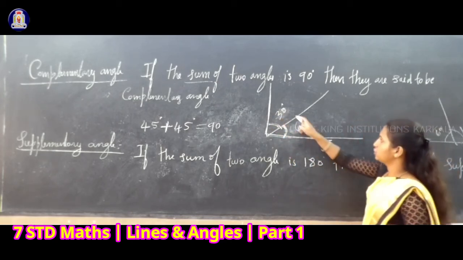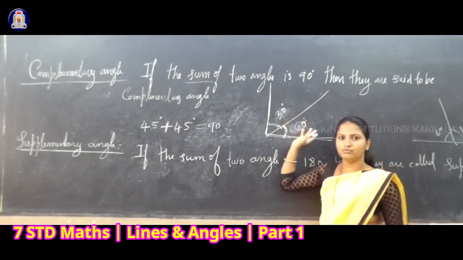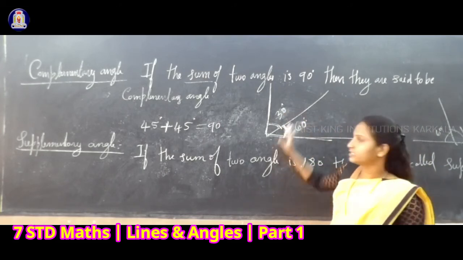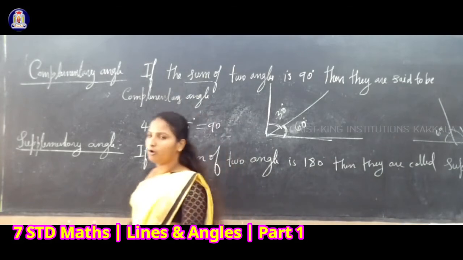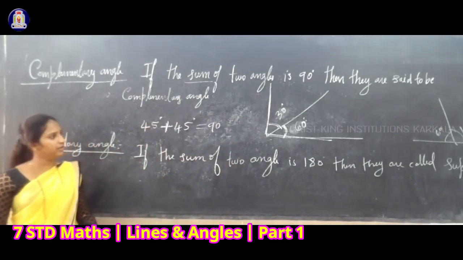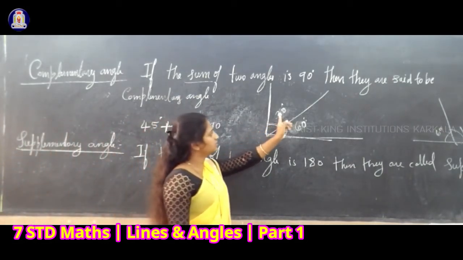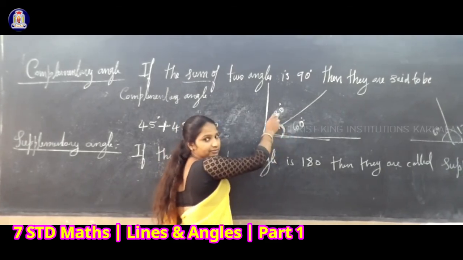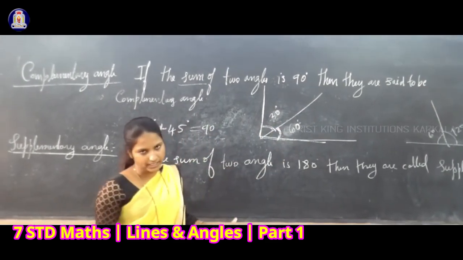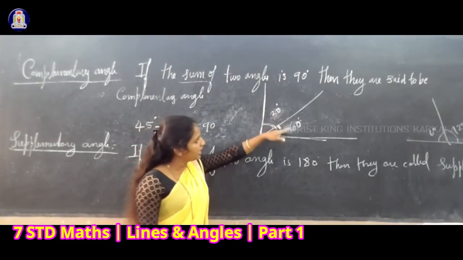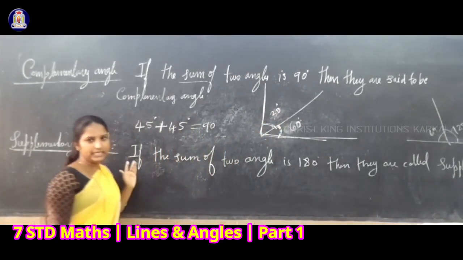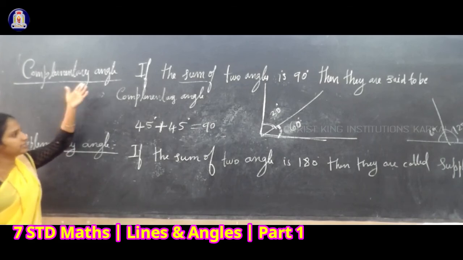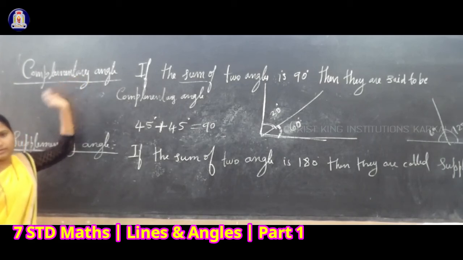Then we can say it is a complementary angle. For example, if this is 20 degree, then this is 70 degree. 20 plus 70 is 90 degree. The sum of the angles should be 90 degree. That is a complementary angle.